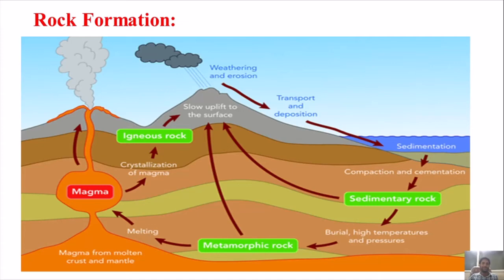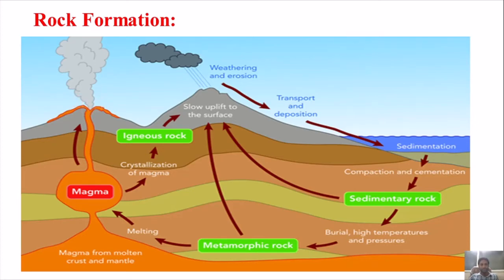Then the magma hits the earth's surface and comes out, and it is then called lava. So when it is in the earth crust, it is magma; when it comes out of the earth surface, it is lava. This lava comes along with nitrogen oxide, sulfur dioxide, and many other gases.